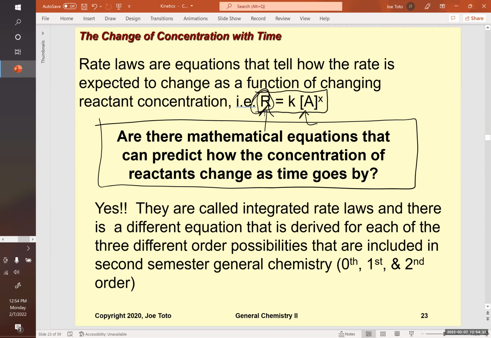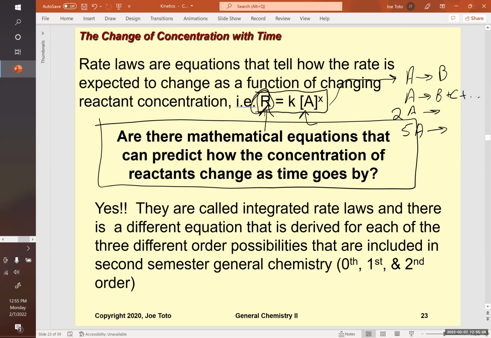So here I have some generalized rate law, which, as soon as you see it in this form, gives you an indication of what the reaction might be. It could be A goes to B, or A goes to B plus C, or 2A goes to whatever, or 5A. It doesn't matter.